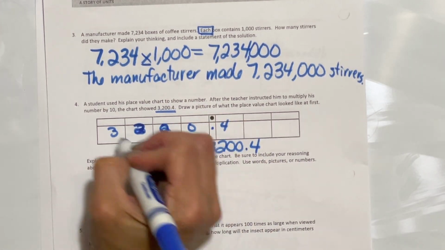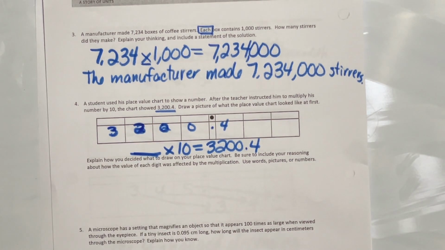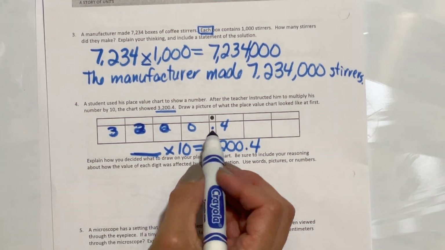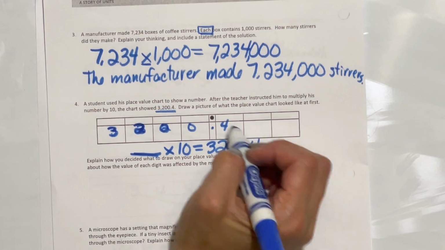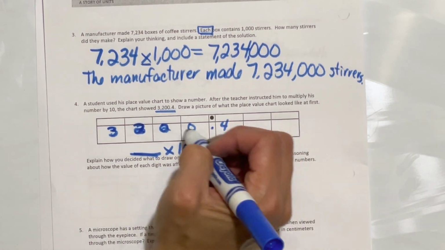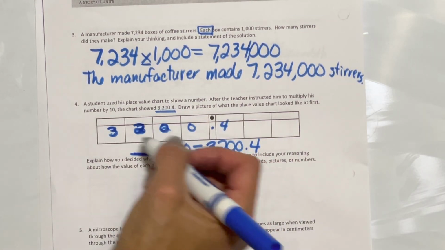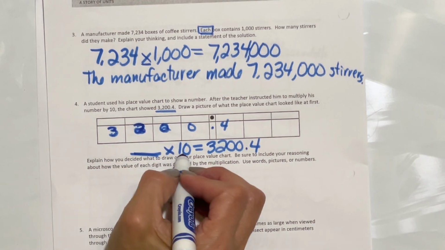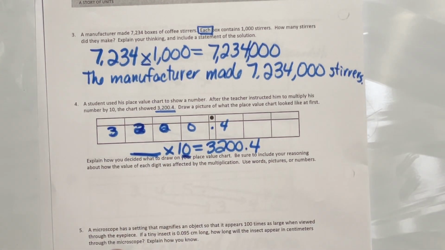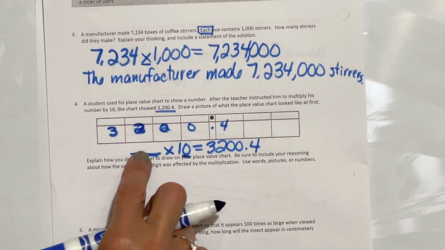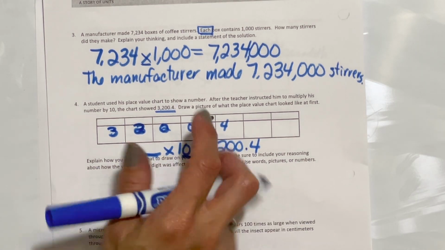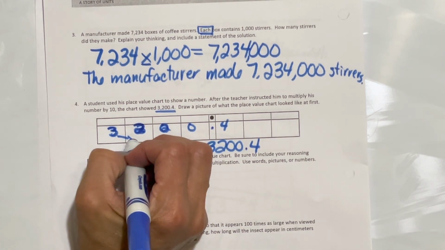Oh, great. The teacher made a mistake. Oh, well, you know. All right, so when he multiplied, the number got bigger. So the numbers went this way. So if we multiply times 10, and we know that this number is going to be smaller than this number, we have to move it back.